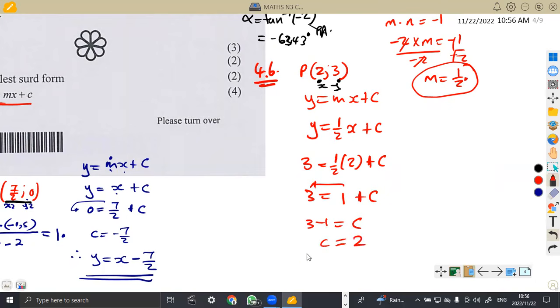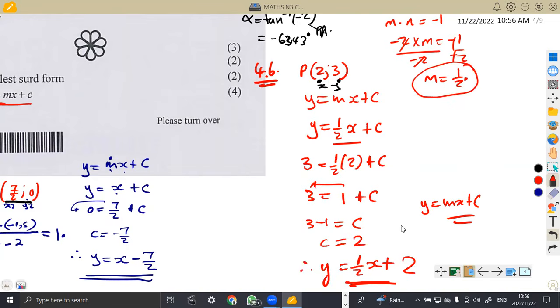Therefore, the equation is going to be y = 1/2 x + 2. So that was the equation in the form y = mx + c. Take note, whenever you are given a certain format to follow, make sure that you apply that format properly.